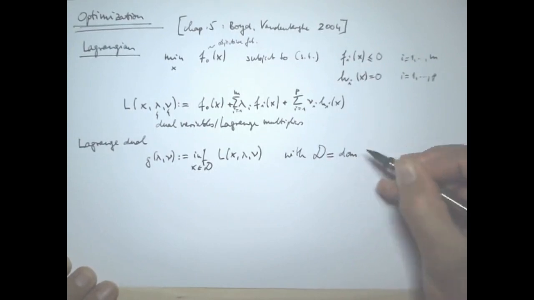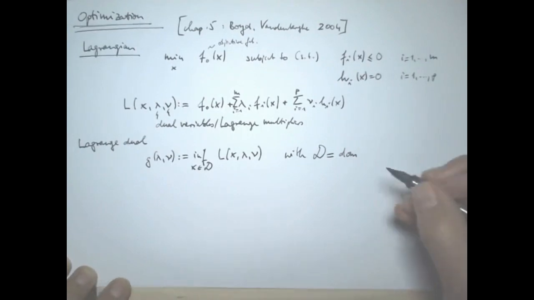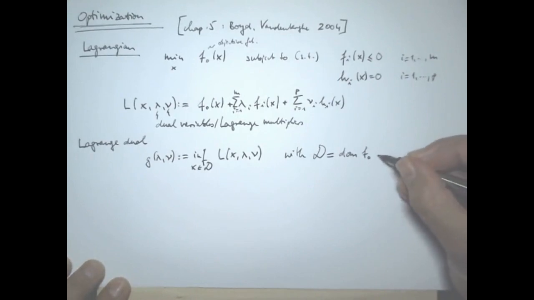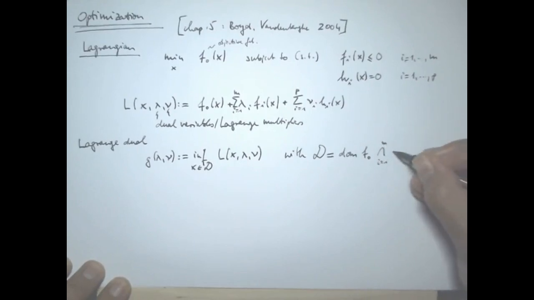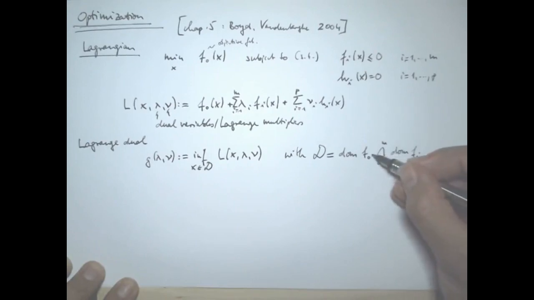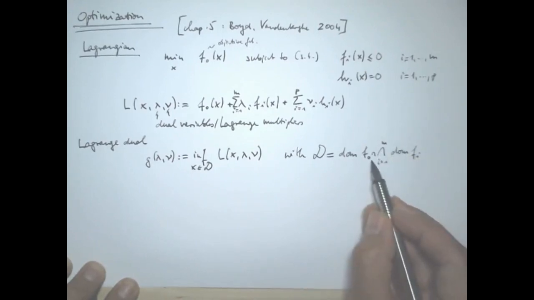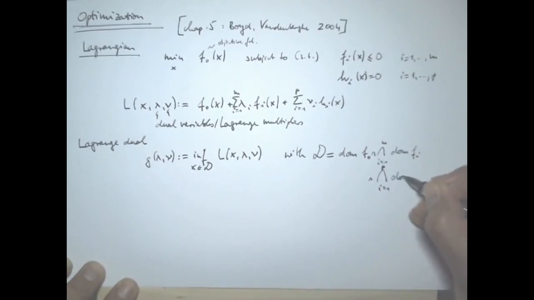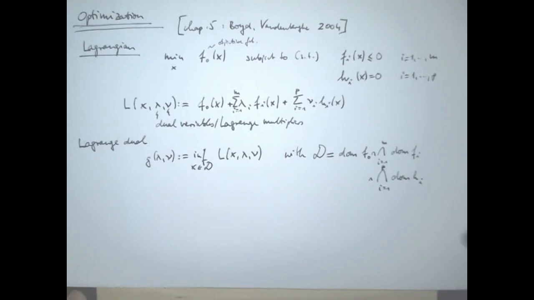So the domain set D is given by the intersection of the domain of my original objective function with the domains of my inequality constraints, well, I should write an intersection with the intersection of all of those, and the intersection with the domains of all the equality constraints.